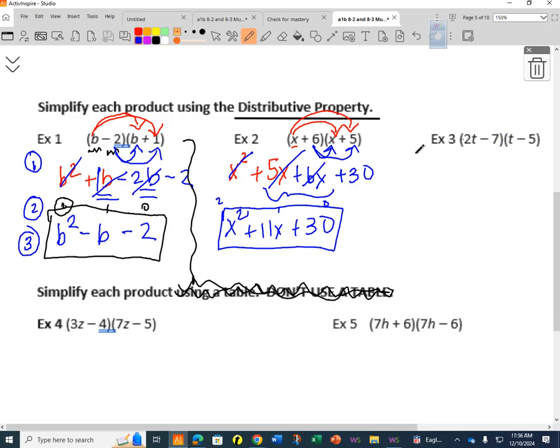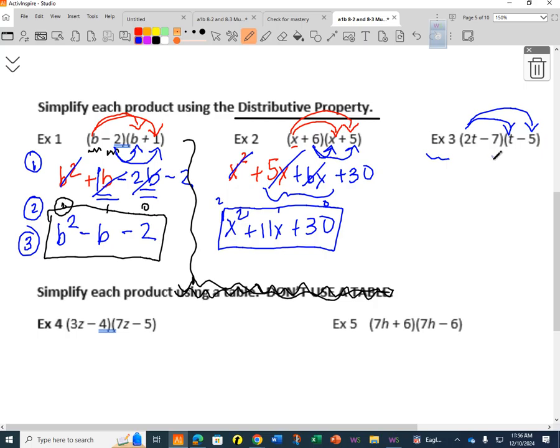Okay. Example 3. Still not doing anything different, but this does look a little different because there's a coefficient on the t here, right? But it doesn't matter. This first term gets multiplied by everything in the second set of parentheses. So 2t times t, what's 2t times t, Brooklyn?